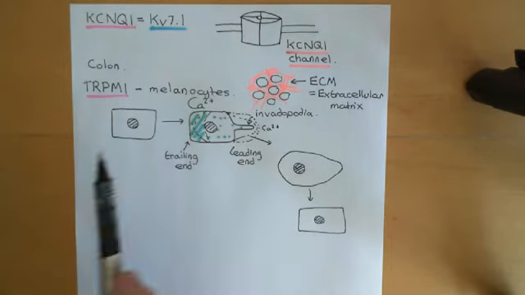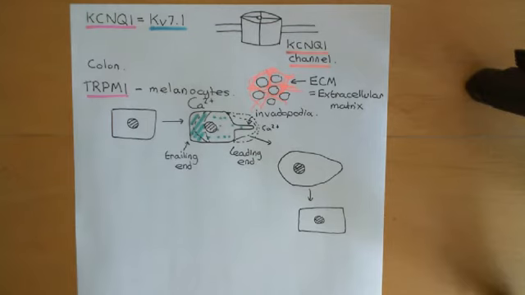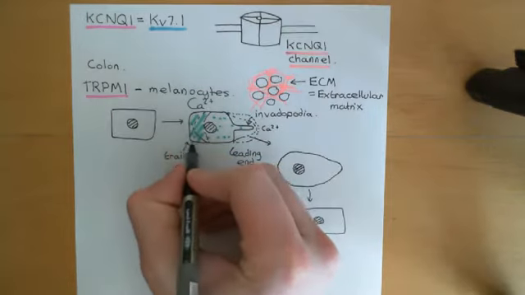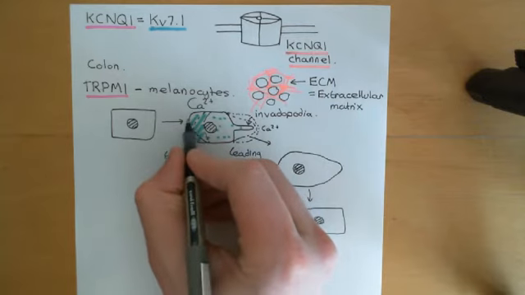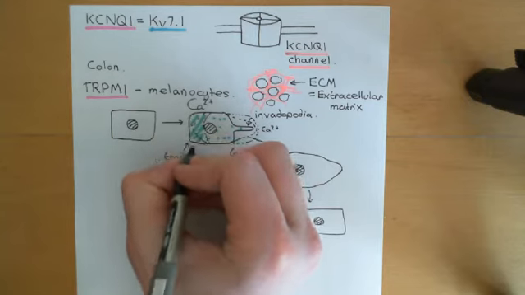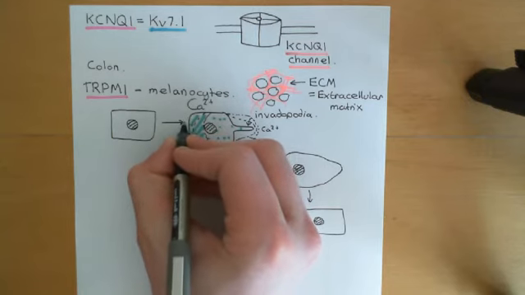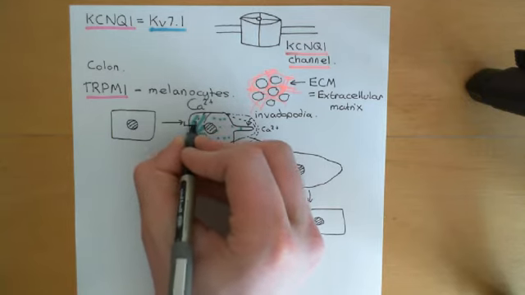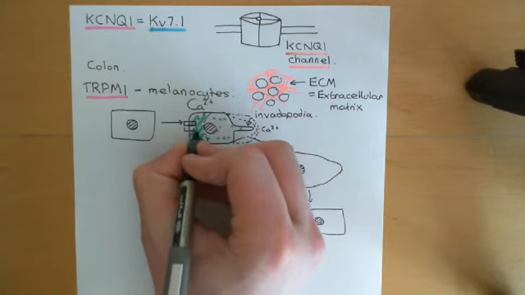God only knows how, but it's there. And this plays, or is believed to play, an important role in making this trailing end decrease its cell volume, specifically because the high calcium is going to activate calcium-activated potassium channels, which I'll draw here.